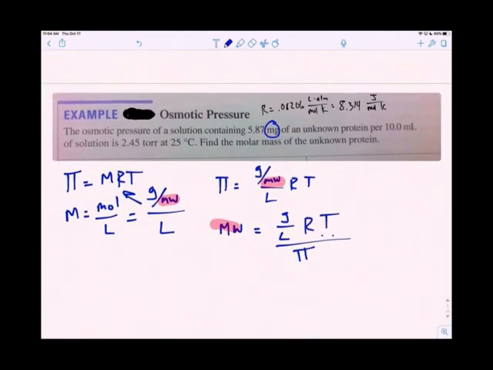Osmotic pressure. The osmotic pressure of a solution containing 5.87 milligrams of unknown protein per 10 milliliters is 2.54 torr at 25 degrees Celsius. So what is the molar mass of the unknown protein? So this is a little outdated. We tend not to do this anymore.